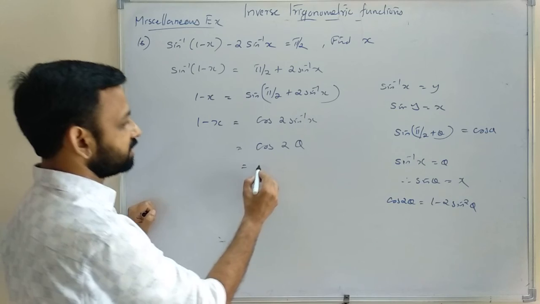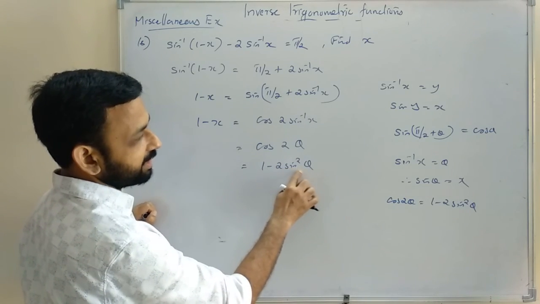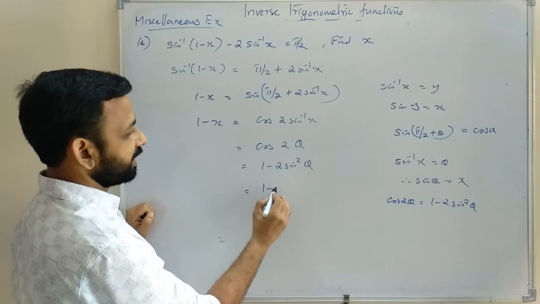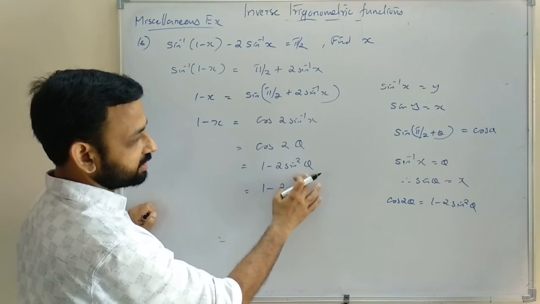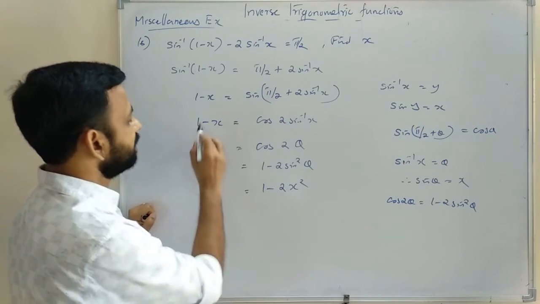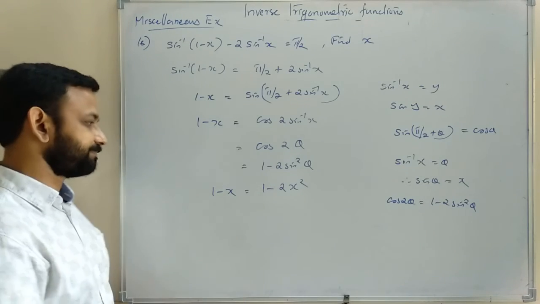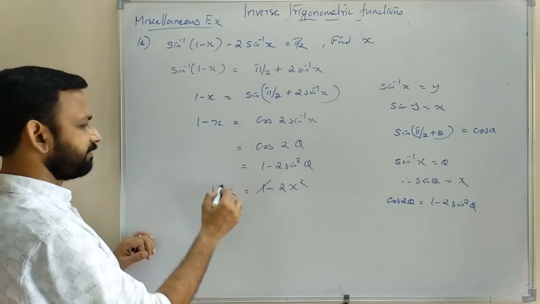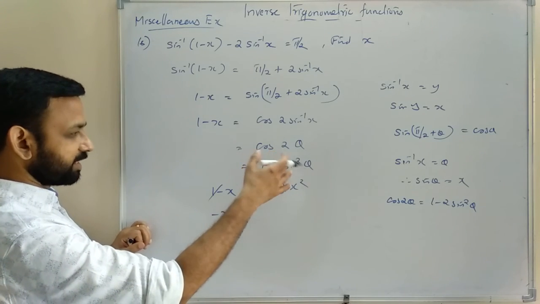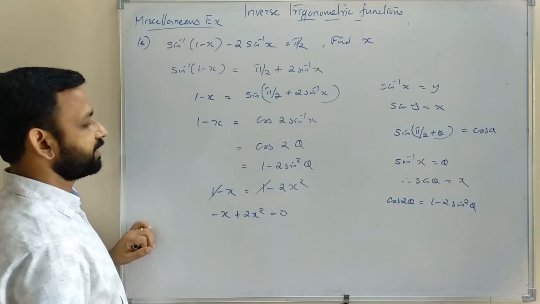We can replace sin theta by x, so cos 2 theta is 1 minus 2 sin square theta, that is 1 minus 2 x square. So on the left side we have 1 minus x is equal to 1 minus 2 x square. The 1 and 1 cancel. Then minus x, we take minus 2 x square from right to left, plus 2 x square equal to 0.